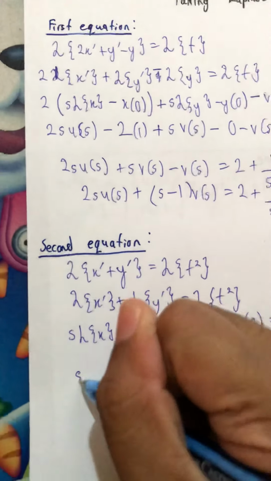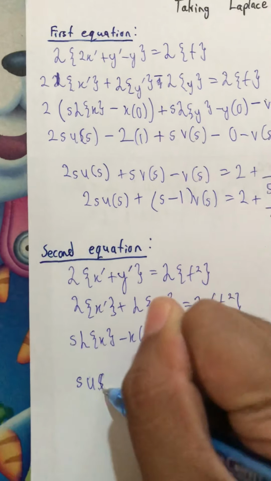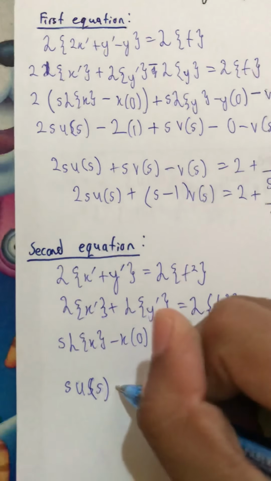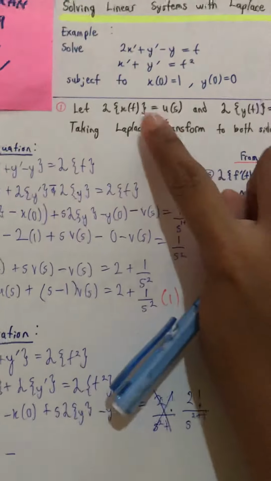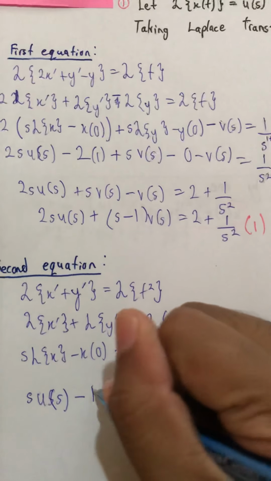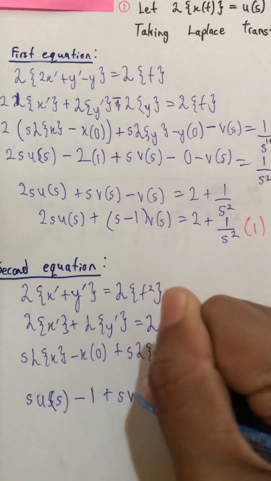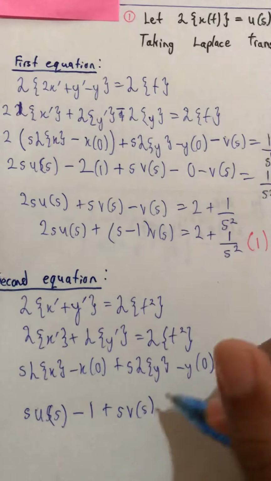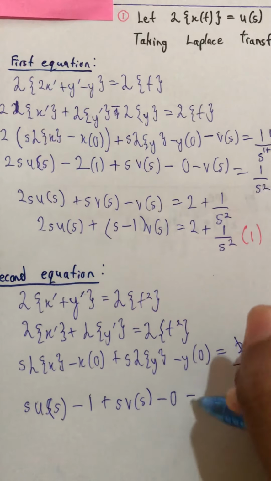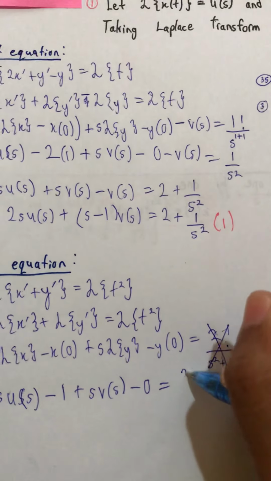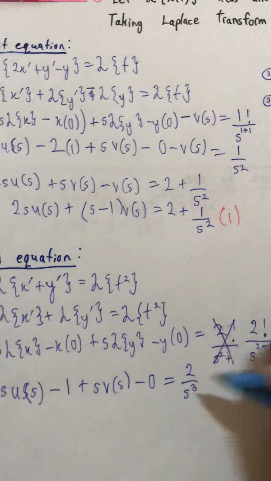Then we solve this: s U(s) minus x(0), which is 1, plus s V(s), and y(0) equal to 0, equal to 2 over s cubed.